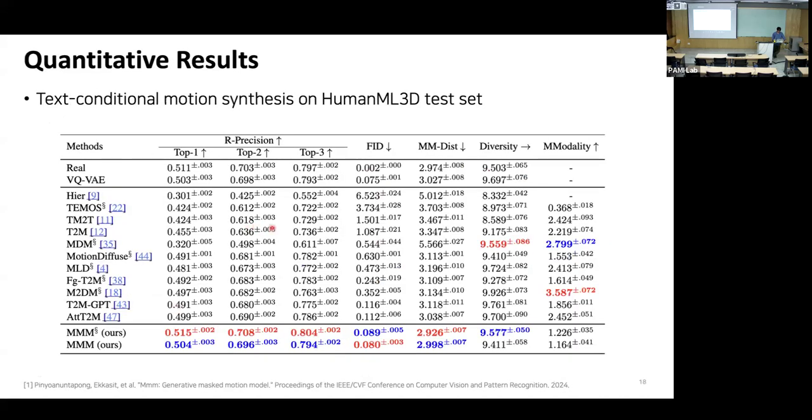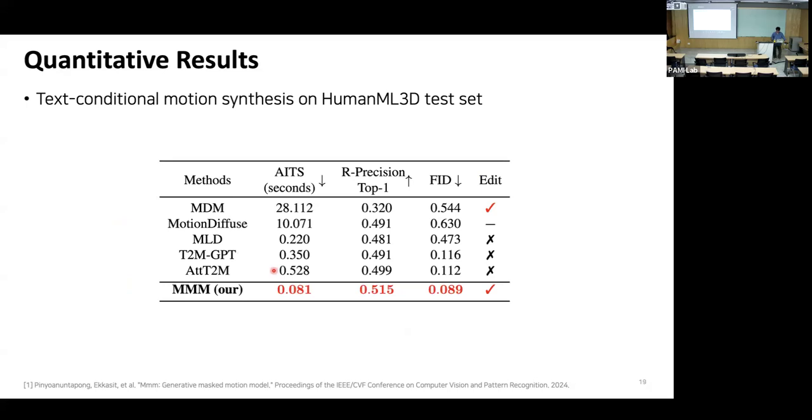So these are the quantitative results of the paper. They measured on the HumanML3D text dataset. This model outperforms all the diffusion-based models and also the autoregressive models on almost all the evaluation metrics.